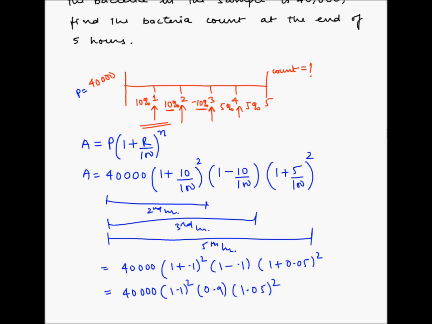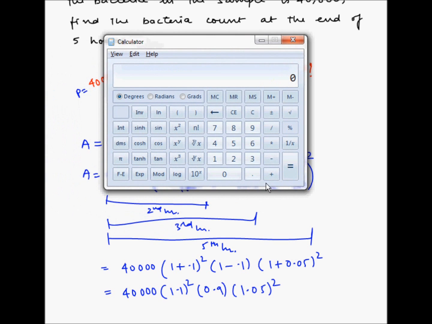So let me pull my calculator here. So 1.1 square multiplied by 0.9 multiplied by 1.05 square multiplied by 40,000. So this is equal to 48024.9, or we can write as 48025. So this is the count of bacteria at the end of 5 hours.